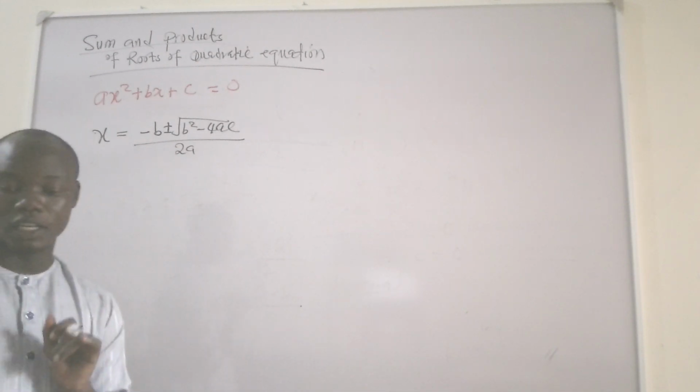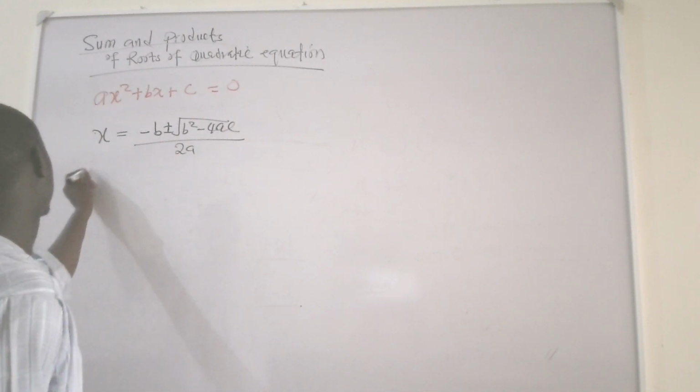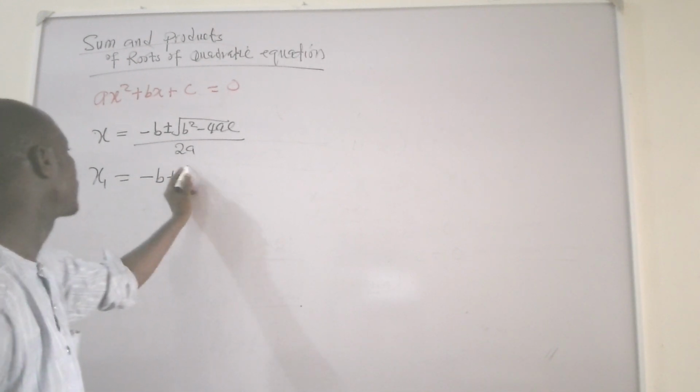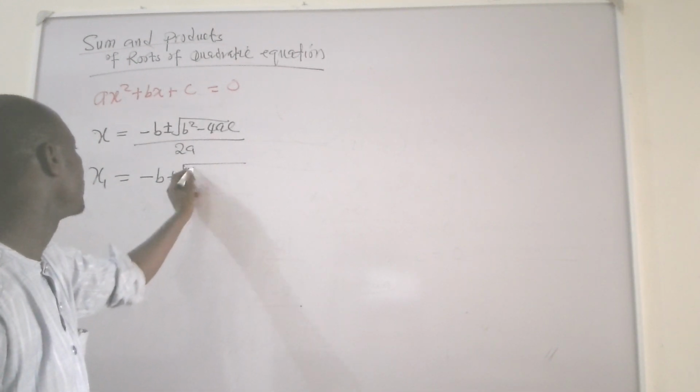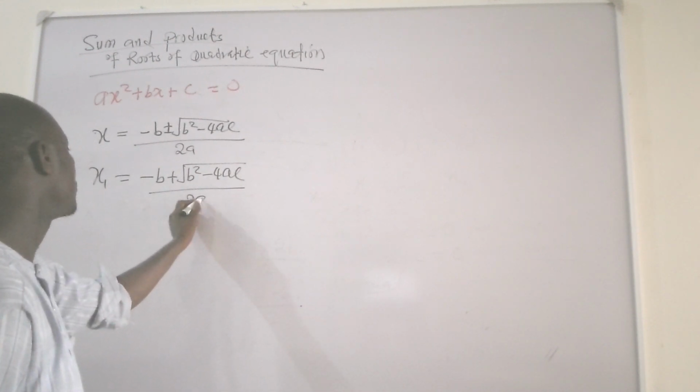So of course from here we can have x1 and x2. Our x1 in this case is going to be x1 is equal to minus b plus square root of b squared minus 4ac all over 2a.